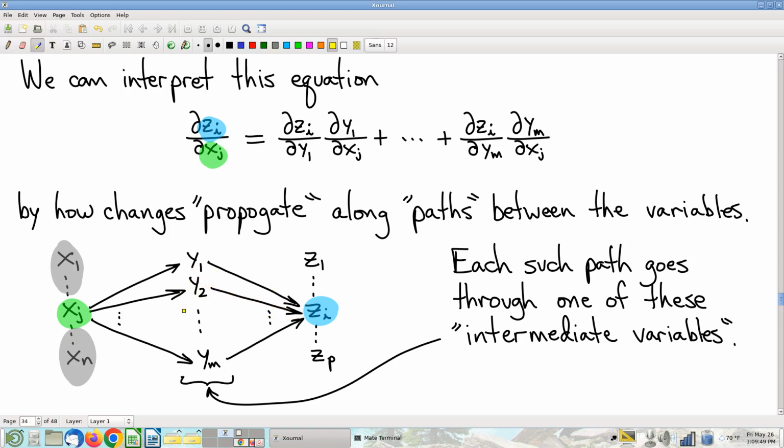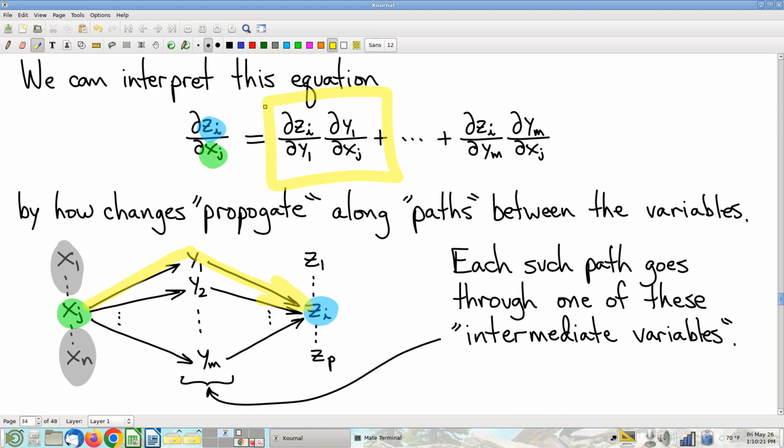All right, so the way I like to think about this is that the changes in xj propagate through to cause changes in zi along these various different paths. So as xj changes, that'll cause y1 to change, and as y1 changes, that will contribute to zi changing. So this path corresponds to a term in our formula.